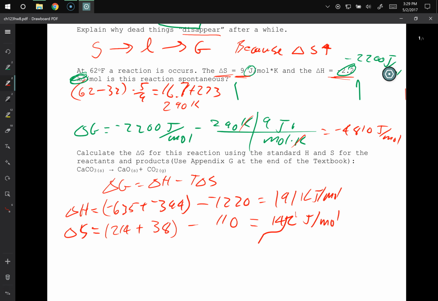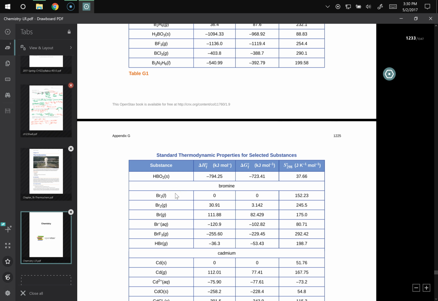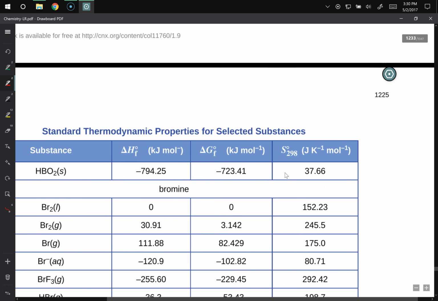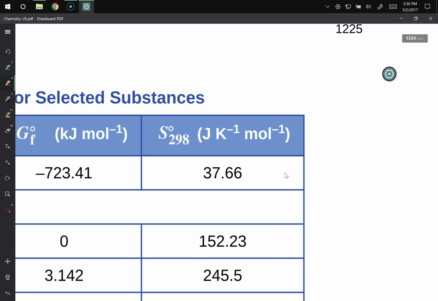So what didn't I give you that you should be able to figure out? What was the temperature? Yeah, so what are we using? It's going to tell you on whatever table that you're using. On the enthalpy, it says in Fahrenheit, is that right?